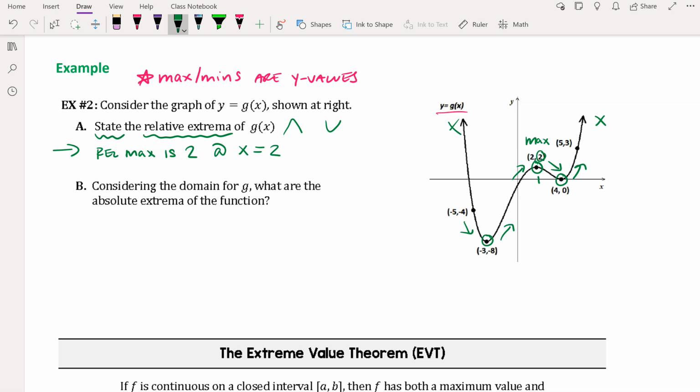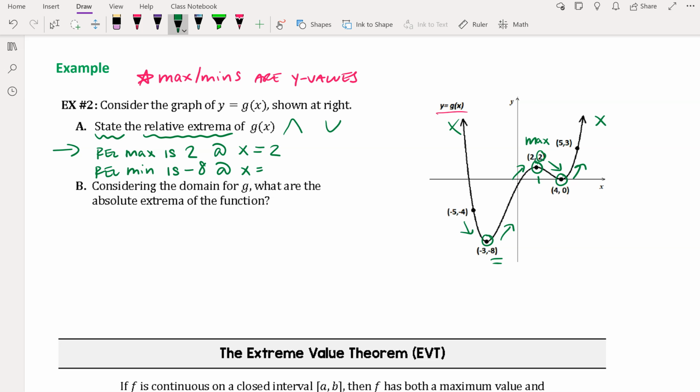Now let's do the same for the 2 relative mins that we have. Relative min is, what would you put for this? Go ahead and continue the statement. Something at x equals what? All right. You could have said one of two answers. Relative min is negative 8 at x equals negative 3.